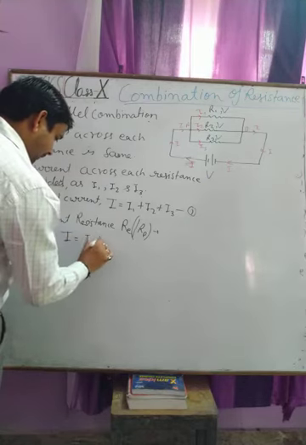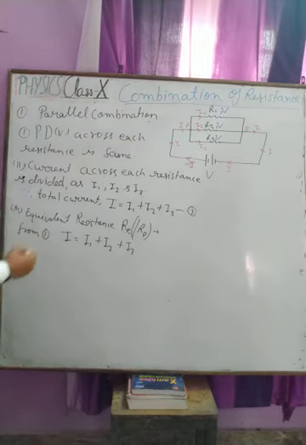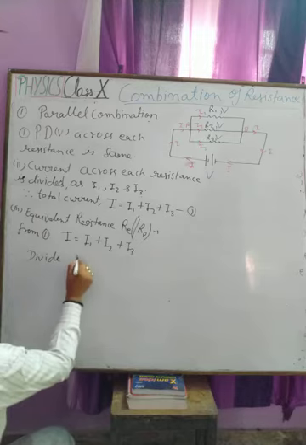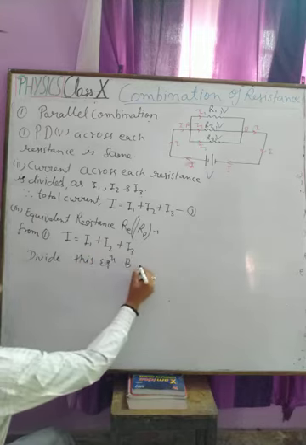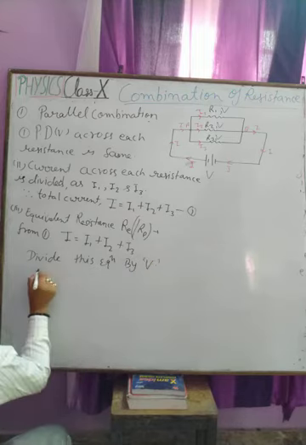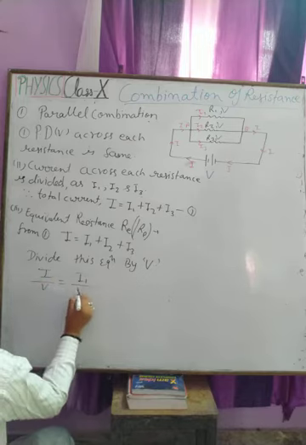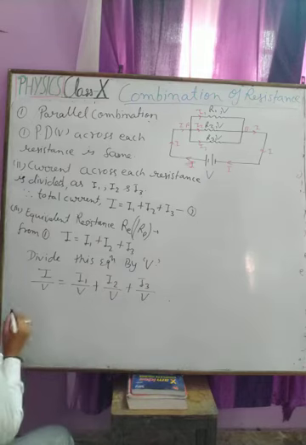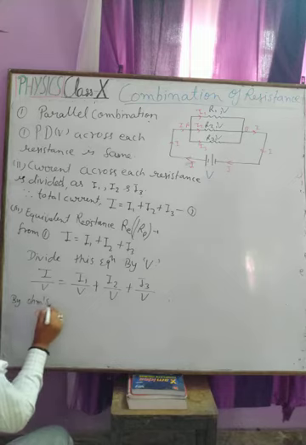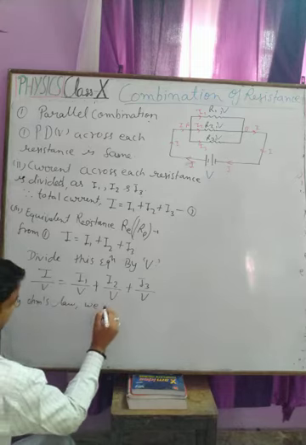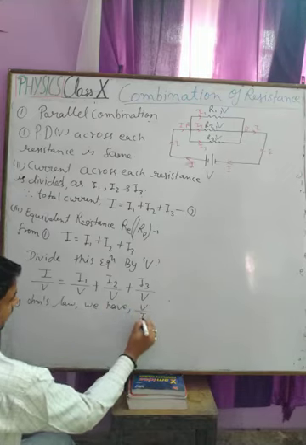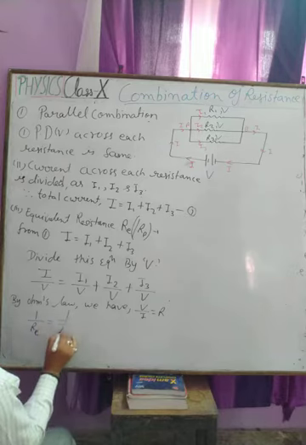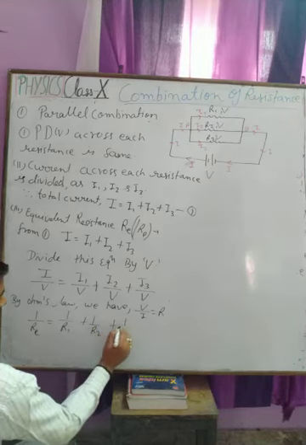I is equal to I1 plus I2 plus I3. Divide this equation by V. We are getting I upon V, I1 upon V, I2 upon V plus I3 upon V. By Ohm's law, we have V upon I is equal to R, so we are using this. 1 upon R equivalent is equal to 1 upon R1 plus 1 upon R2 plus 1 upon R3.